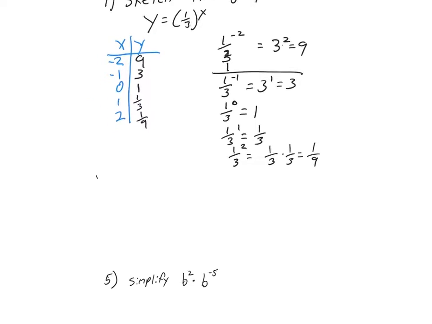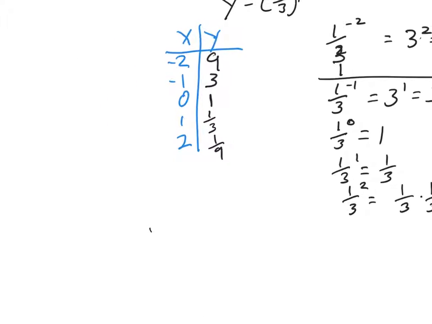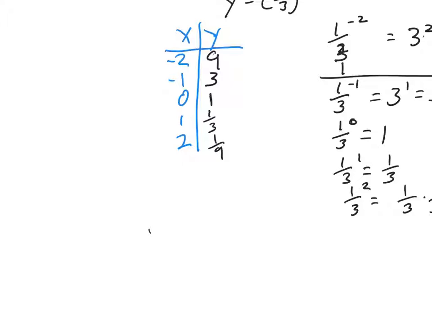Okay, so we have to do a graph. And we'll make our axes. Okay, so first value is -2 for x and 9 for y, which is going to be way up here somewhere.